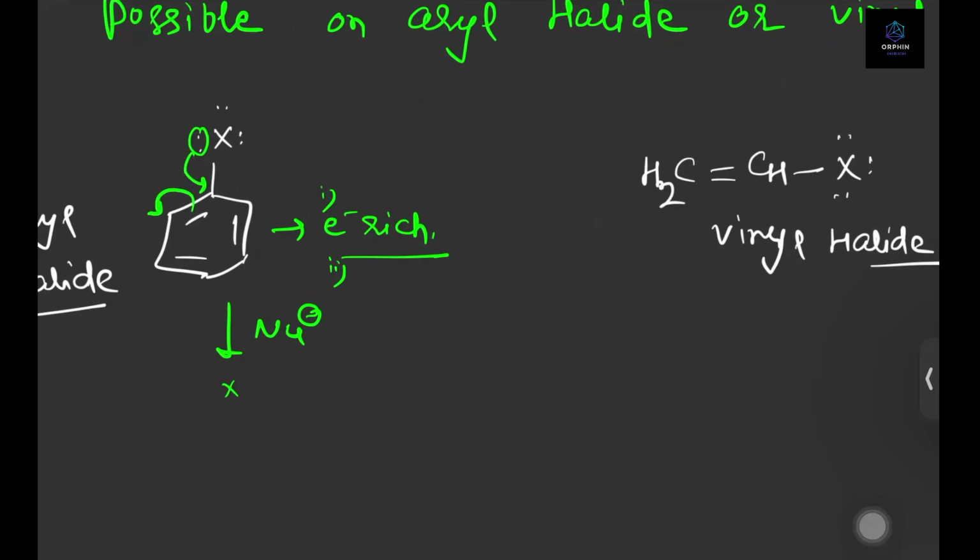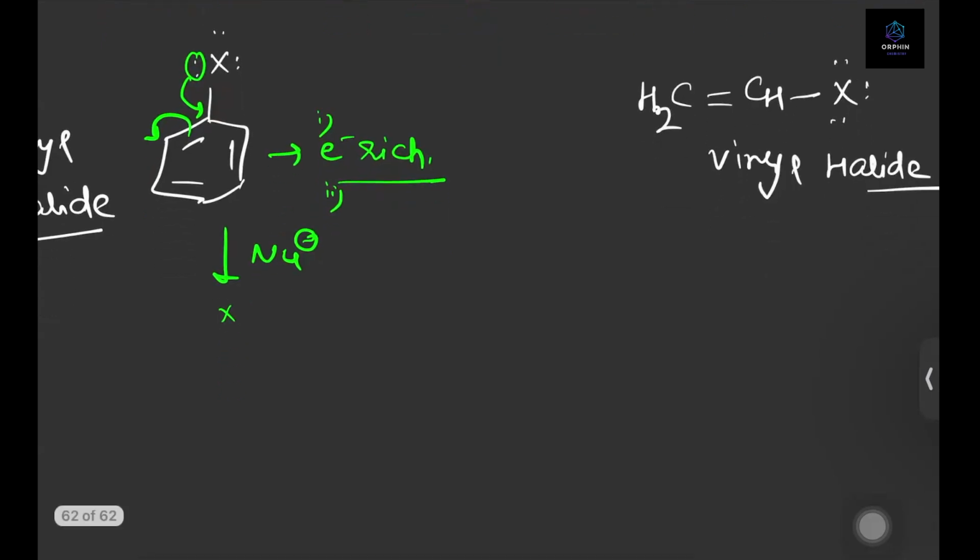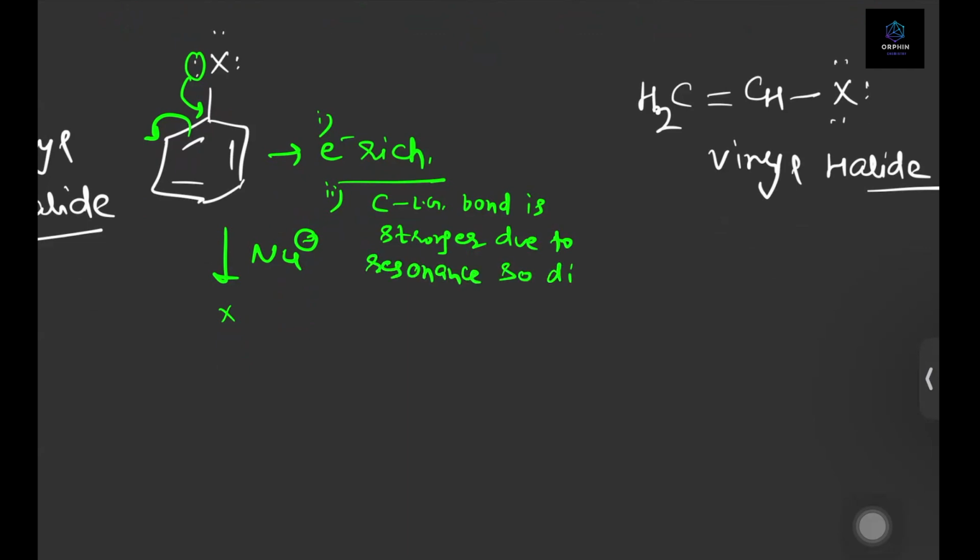So if the lone pair is involved in the resonance, then there are double bond characters here, and due to the double bond character, this bond is strong. The carbon leaving group bond is stronger due to resonance, so it is difficult to break.